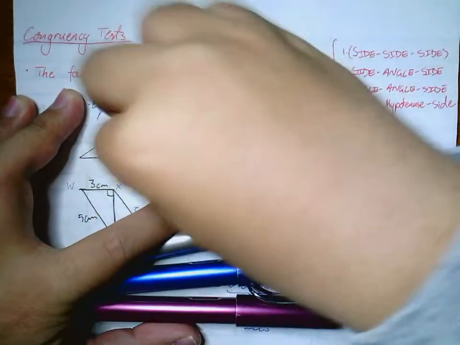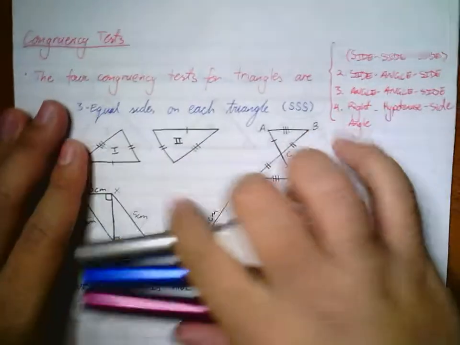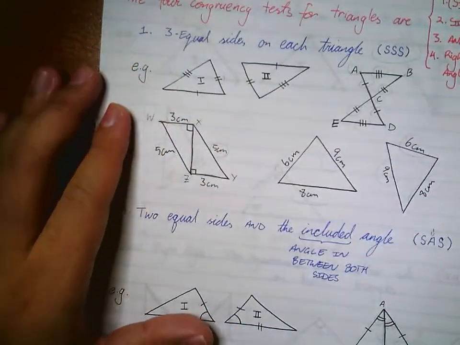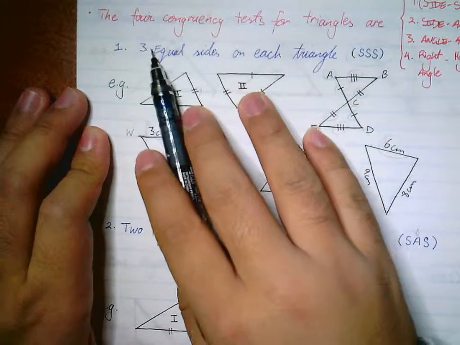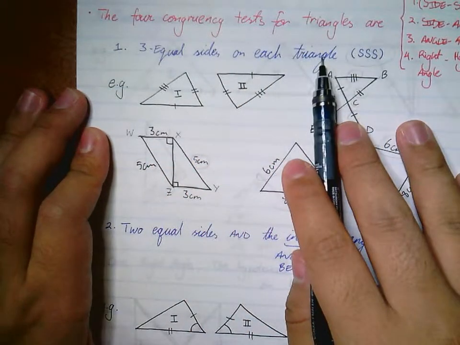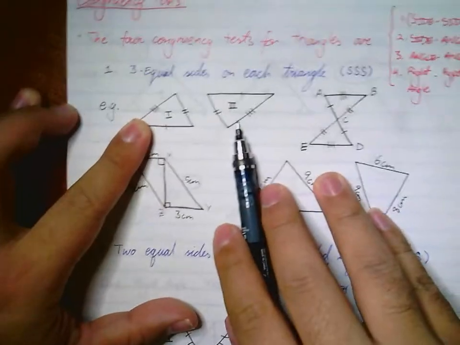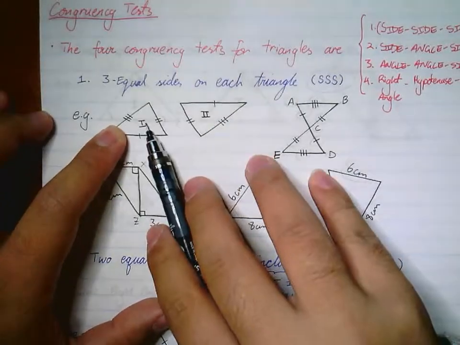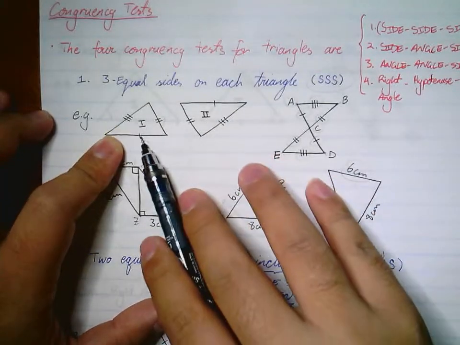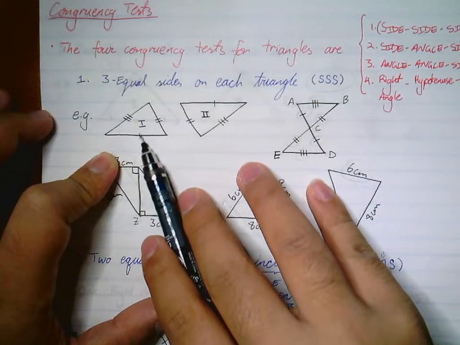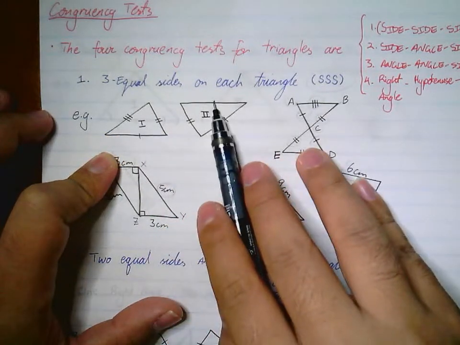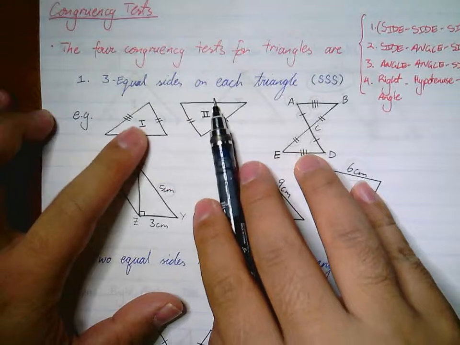Okay, so let's take a look now at the first example. If you have three equal sides on each triangle, so if you have matching sides on each of the triangles, let's take a look at triangle 1 and triangle 2. Here we have a single dash that tells us that it's the same as this one, so we have one pair.